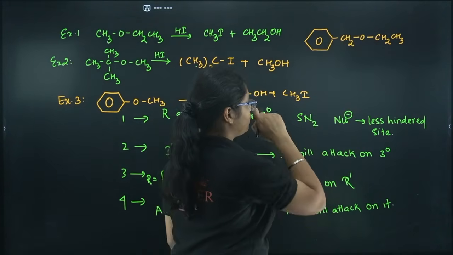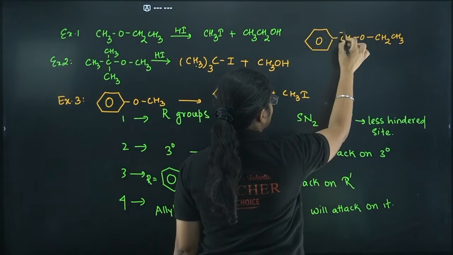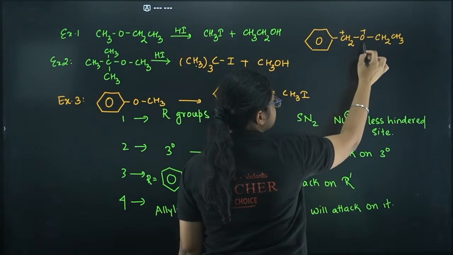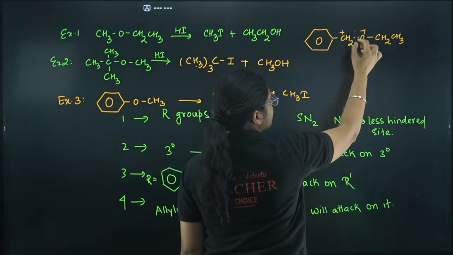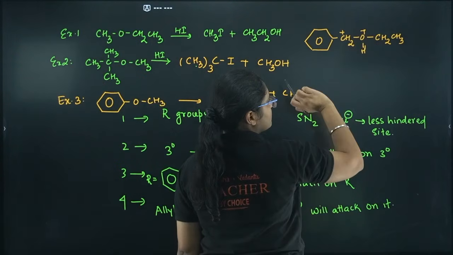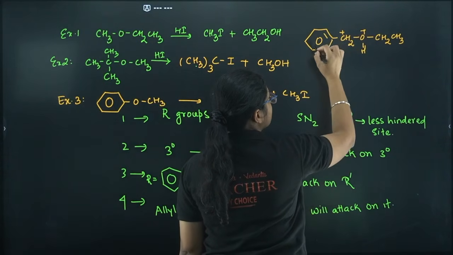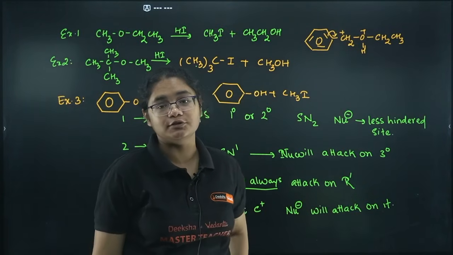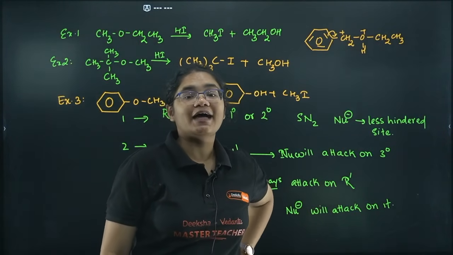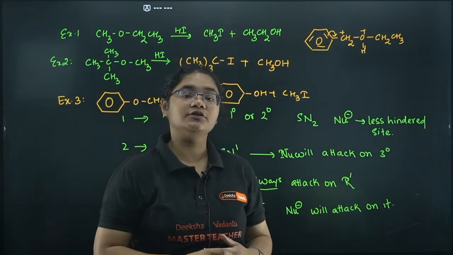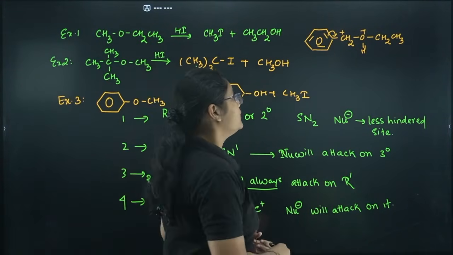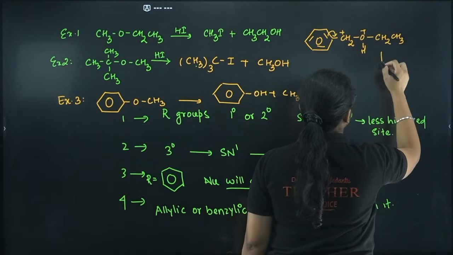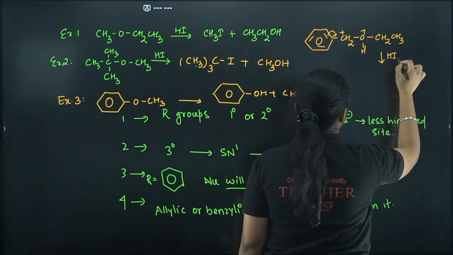No, but here you have to be very careful about the carbocation that is formed. First there will be O plus H protonation. After that, if this bond breaks, a carbocation is formed here, and this carbocation is highly stabilized due to resonance. If there is stabilization due to resonance, then the nucleophile will attack here. So what will happen with HI?